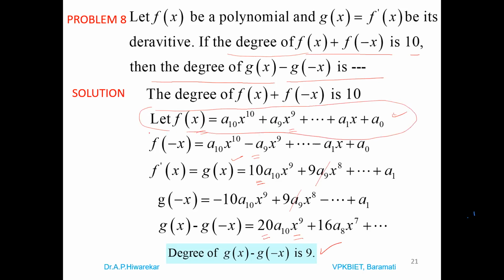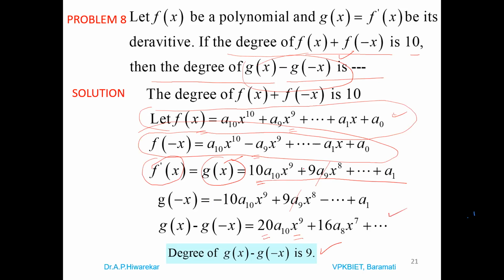Assume that f(x) is of this type, then calculate f of minus x, then from that calculate f dash of x, that is g of x. And once you know g of x, you can go through this particular equation term by term, substitute, and easily conclude that the degree of g(x) minus g of minus x is 9. I hope you are getting my point.